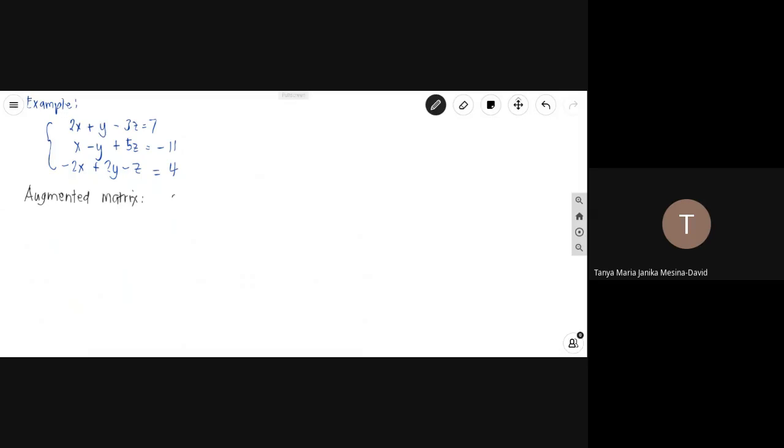So we have here 2, 1, negative 2. Again, we are getting the coefficients of x because this is A. The coefficients of y are the B's. The coefficients of z are the C's, and then the constants are the D's.